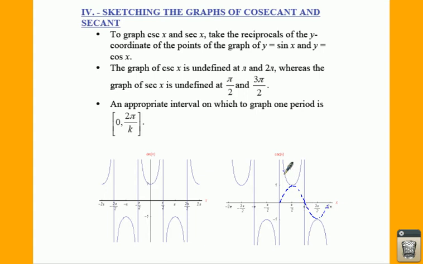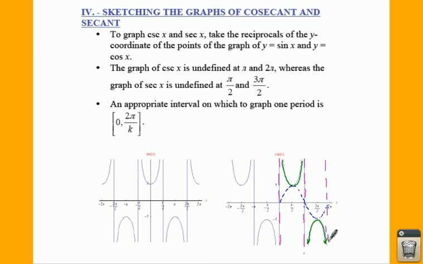What I do, we're not going to sketch a ton of these, is if you just take your sine graph and basically draw a parabola facing up there and a parabola facing down at whatever your amplitude is, and then draw in your asymptotes, then you will be in good shape. So we're not going to get too fancy with these and plot all kinds of points and stuff like that, but then you'd have another one over here.